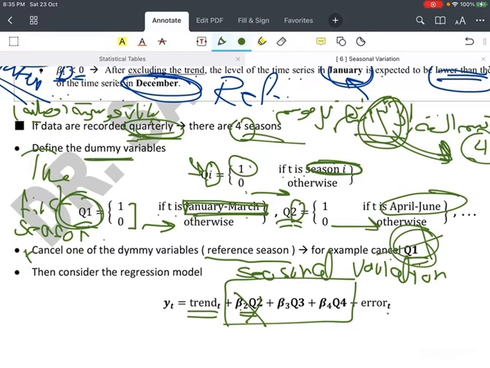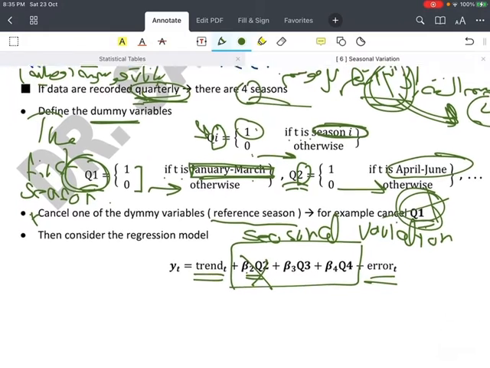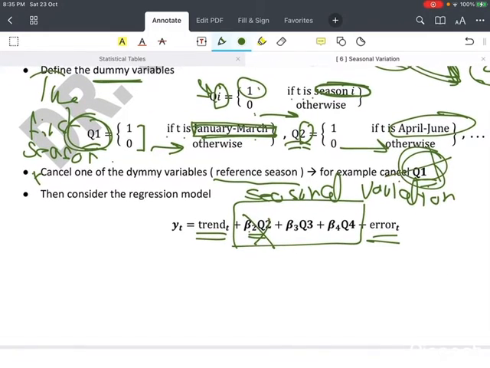Then plus epsilon t. So this is the time series with trend and seasonal variation, if we write the seasonal variation with the dummy variables of quarterly data.